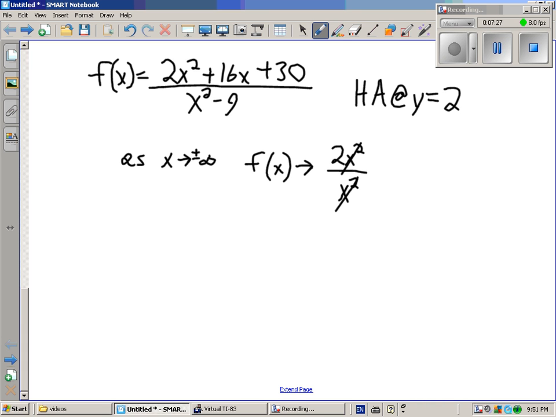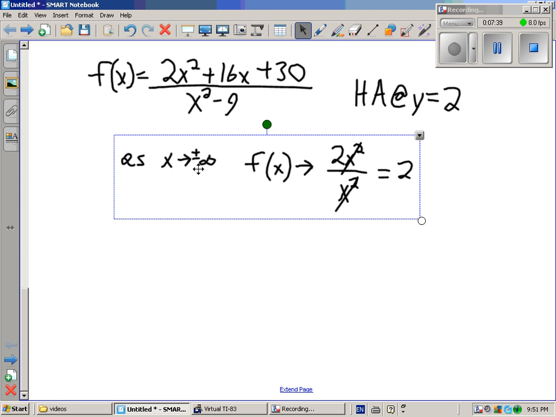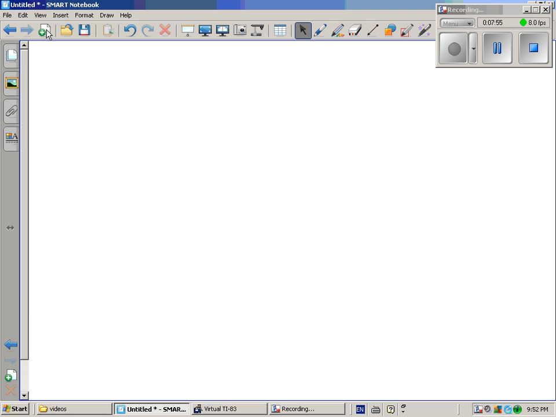You cancel out those x squared, and you're left with 2. So when x approaches infinity, and again, in this case, it's not always, but in this case, positive or negative infinity, then our function is simply going to approach 2. And we found that the exact same way that we were able to look at end behavior in terms of a polynomial function. So here are the rules for finding a horizontal asymptote.